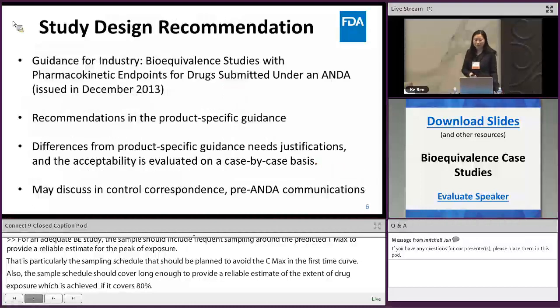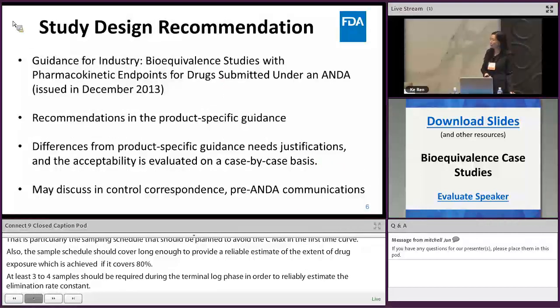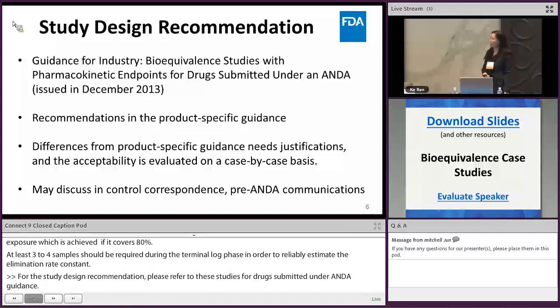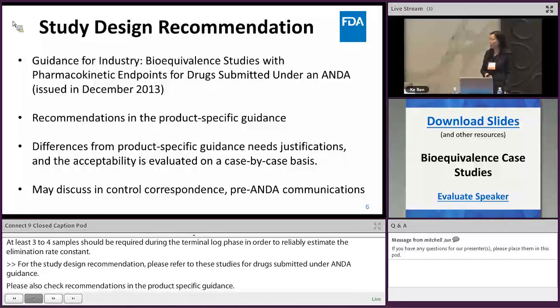For the study design recommendation, please refer to the guidance on BE studies with PK endpoints for drugs submitted under NDAs. Please also check the recommendations in the product-specific guidance. If applicants propose new approaches that deviate from the product-specific guidance, please include sufficient justification in your submission.